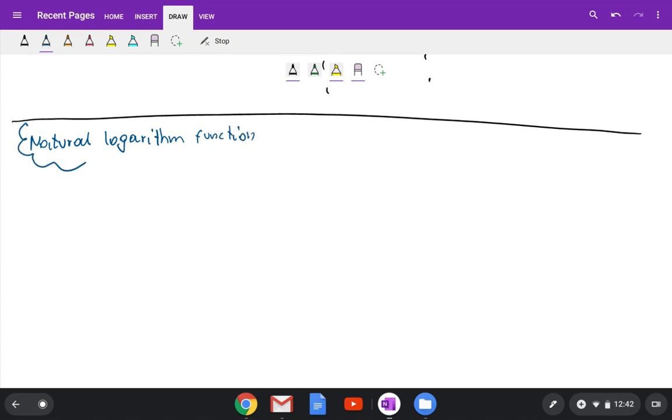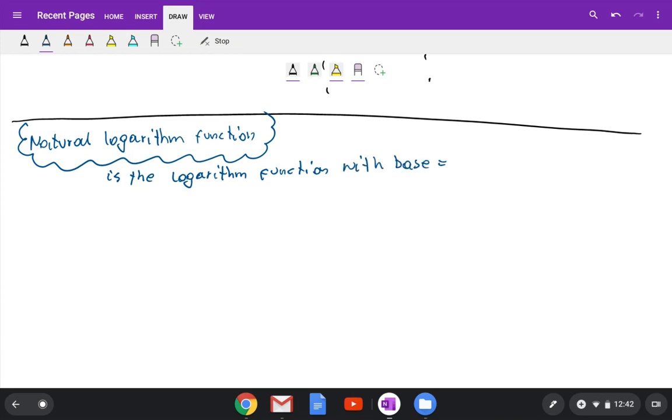So the natural logarithm function is the logarithm function with base equal e.